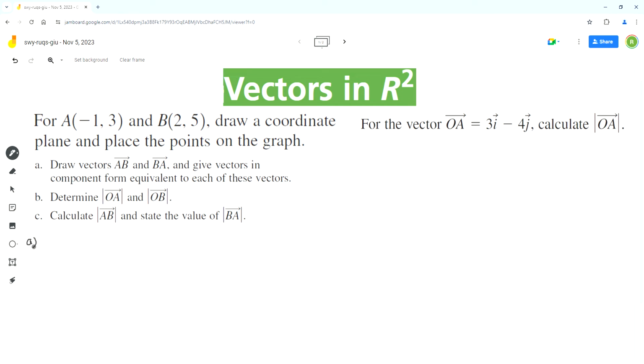So first we have to draw a coordinate plane and place the two given points A and B. So point A is -1, 3 and that will be here.